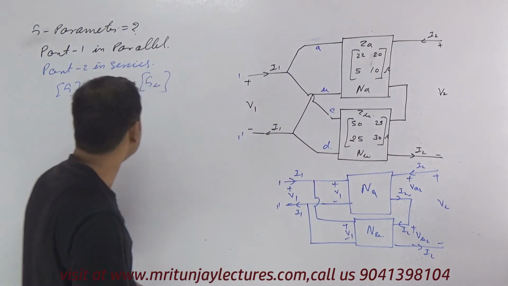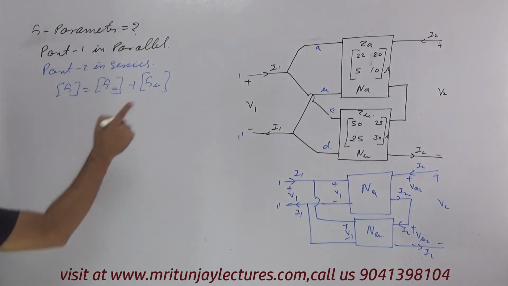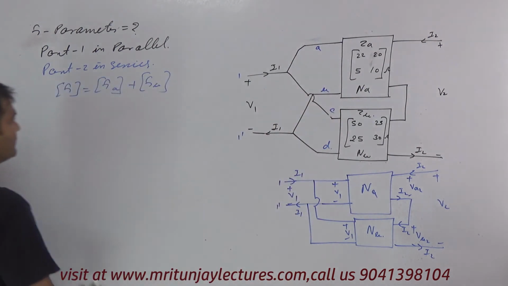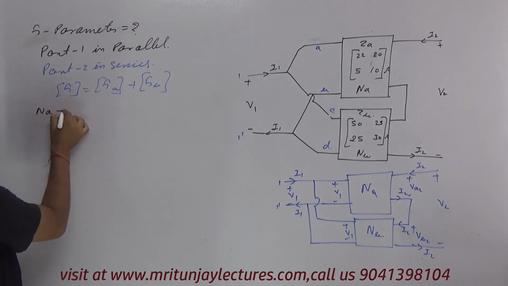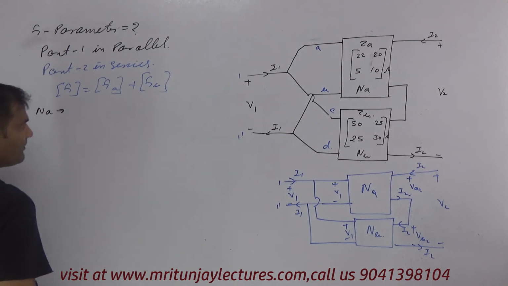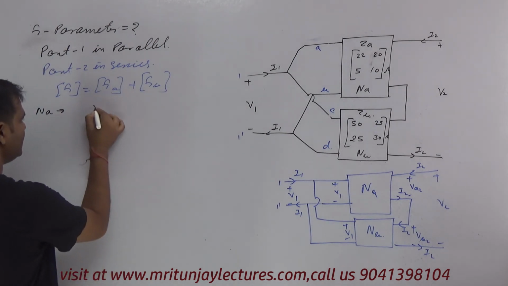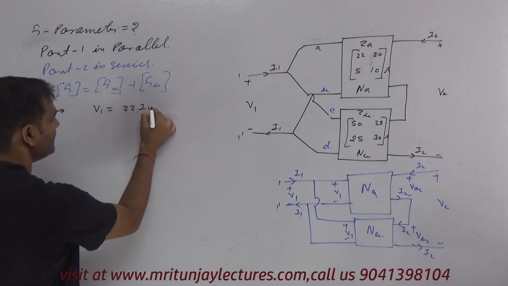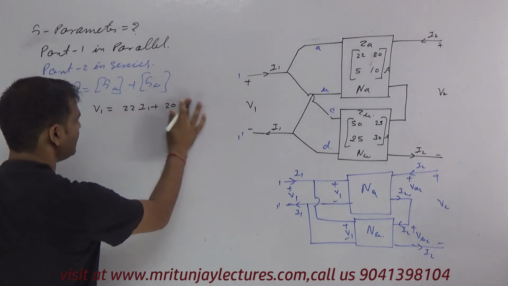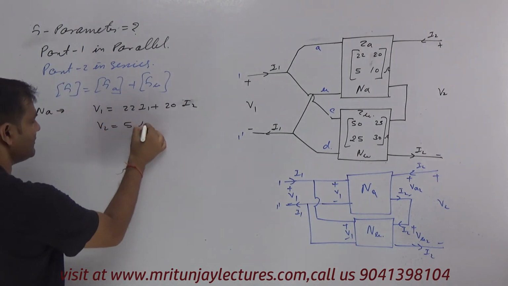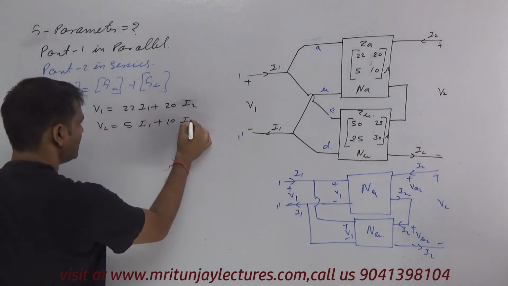Okay, clear or not? So first of all, written corresponding to this is the Z parameter. So now network NA. V1 is written as 22 I1 plus 20 I2, and V2 is equal to 5 I1 plus 10 I2.